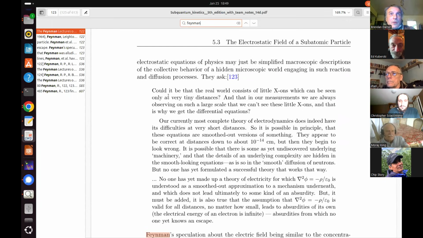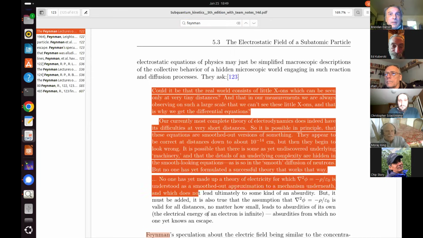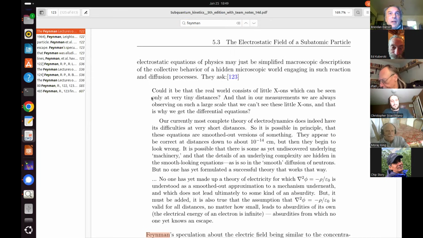They ask, could it be that the real world consists of little X-ons which can be seen only at very tiny distances, and that in our measurements we are always observing on a large scale? They use Maxwell's equations and try to convert them into quantum. Maxwell's equations are based on experiment, not first principles of mathematics.